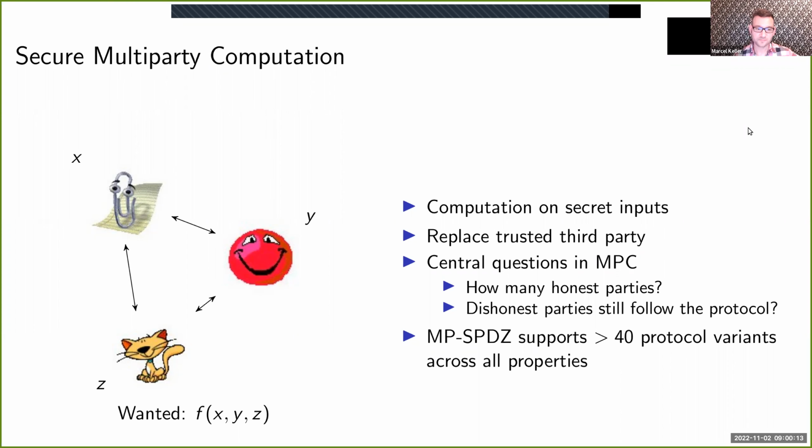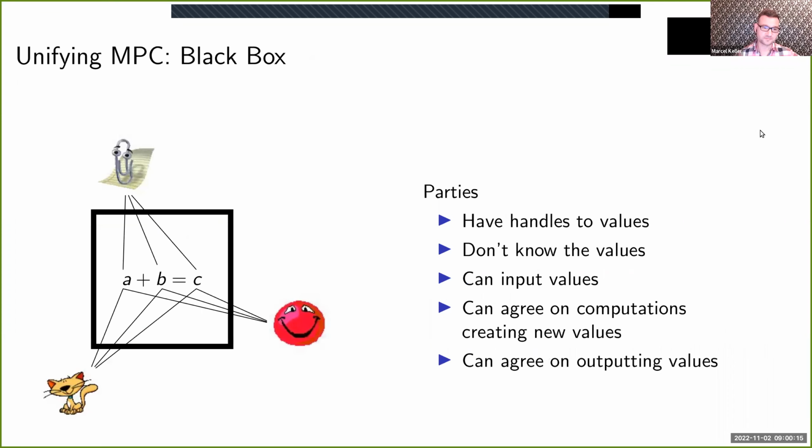of these. And the reason for me to build this thing, or why it makes sense to have all these security models in one piece of software, is essentially that all these protocols in all these security models take the same view on the computation, which is this black box view, sometimes also called arithmetic black box.